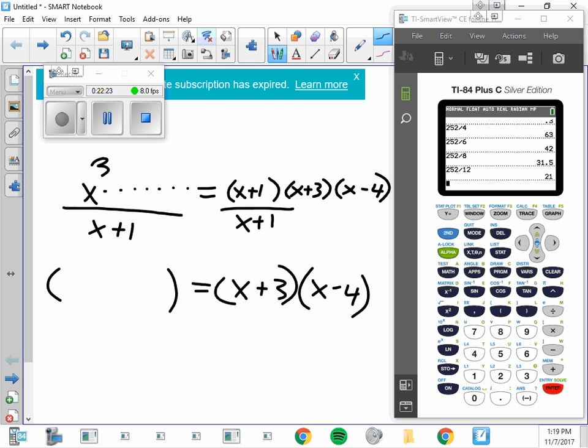Right? Okay. But what happens when you divide by a number and it doesn't go in evenly? We get a fraction that comes from the remainder, right? So if I divide by the wrong binomial, I'm going to get a remainder.